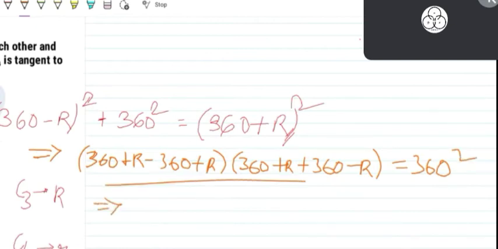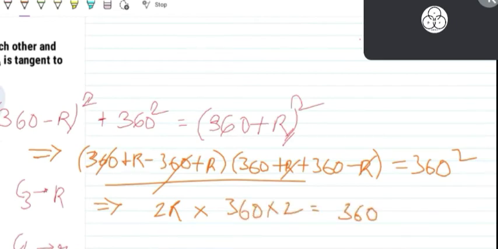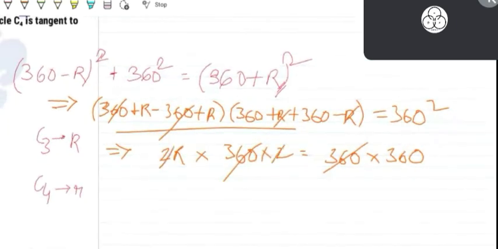Use the a square minus b square formula. How much time do we need to do this calculation?